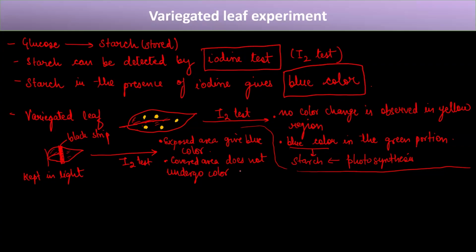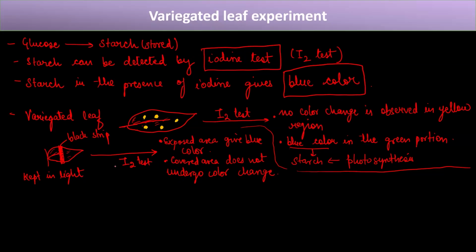From here, they found that if the region undergoes a blue color change, photosynthesis is happening in that region, while in the region with no color change, photosynthesis is not happening.